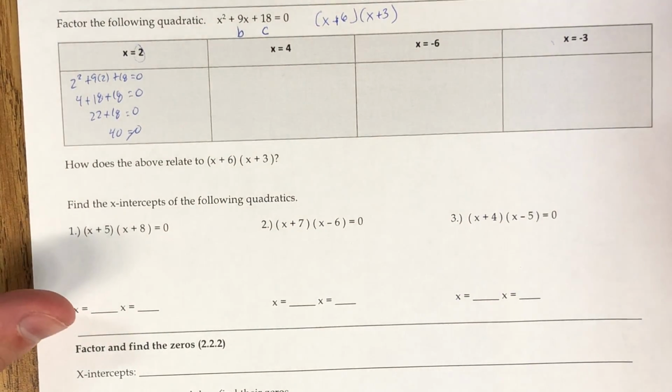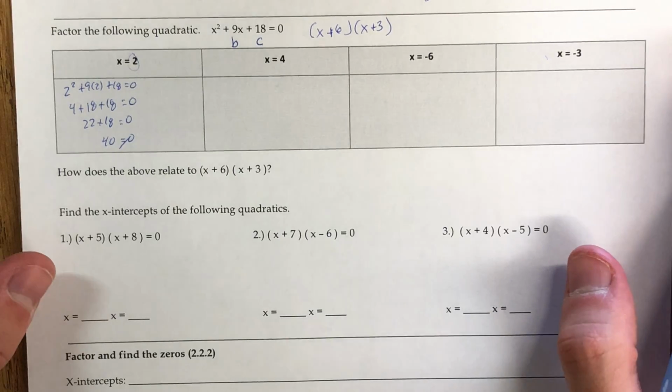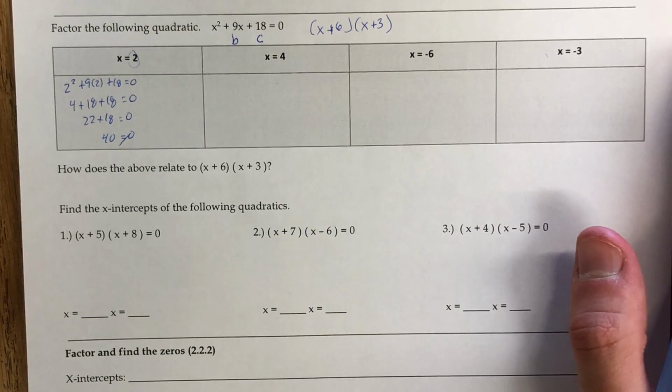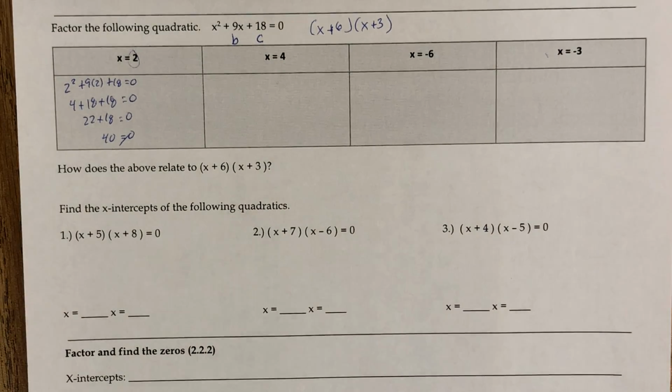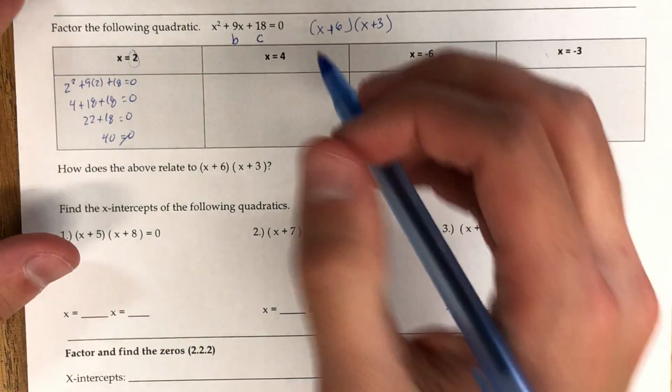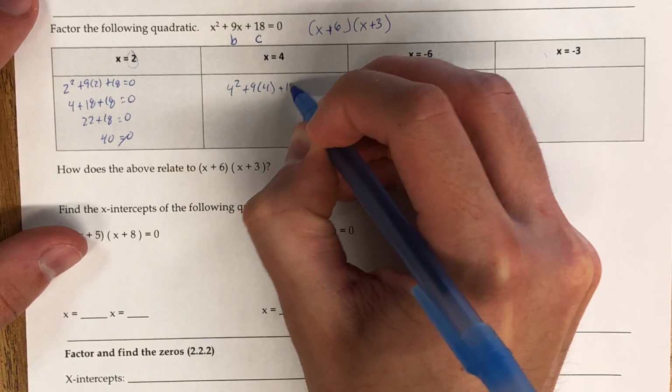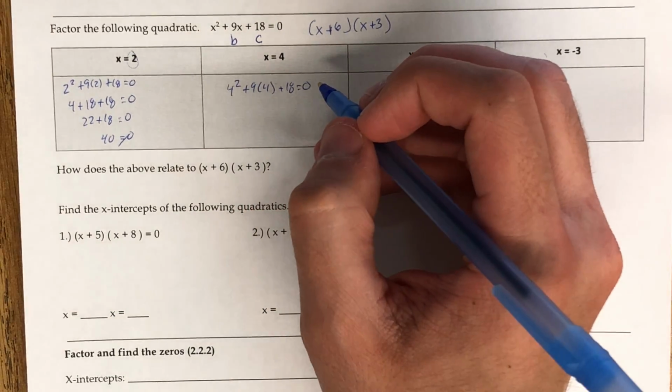I want you to do the same thing for those other 3 x values. Pause the video, do that on your own. Okay, we're back. Here, we'll plug in 4, so we get 4 squared plus 9 times 4 plus 18 equals 0.